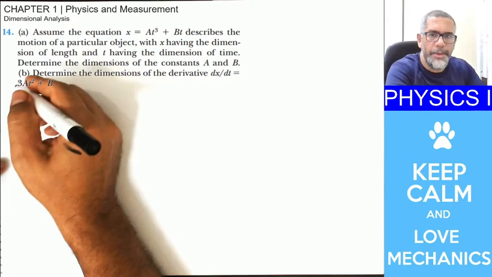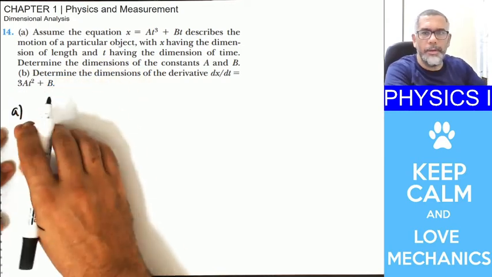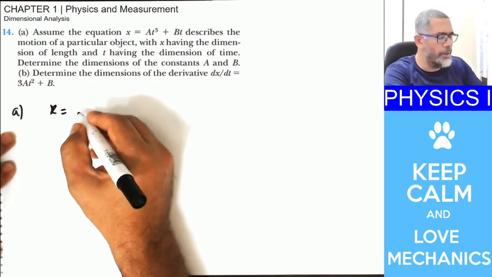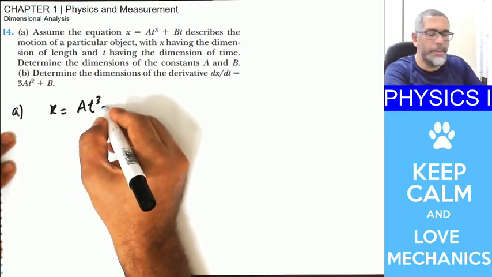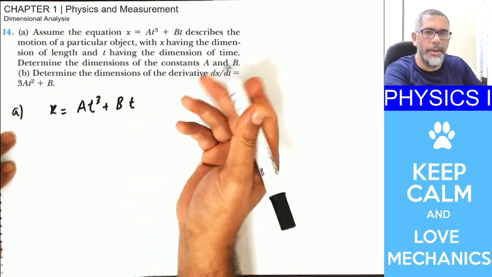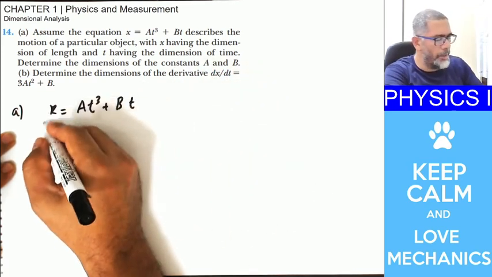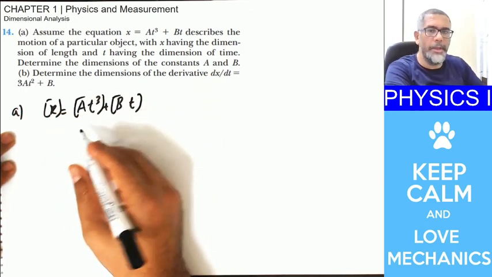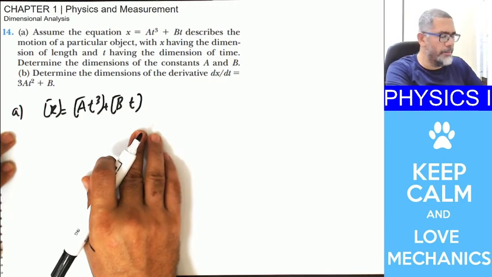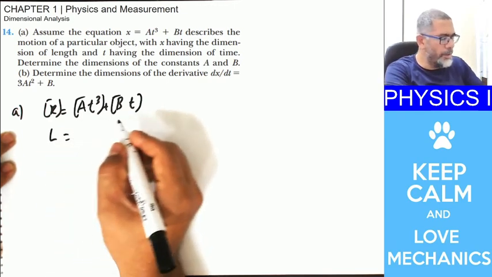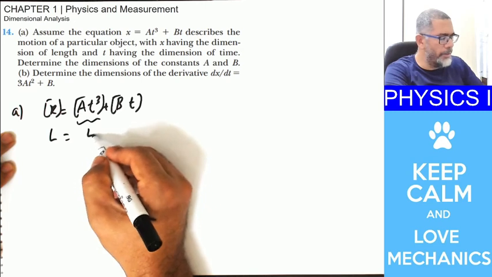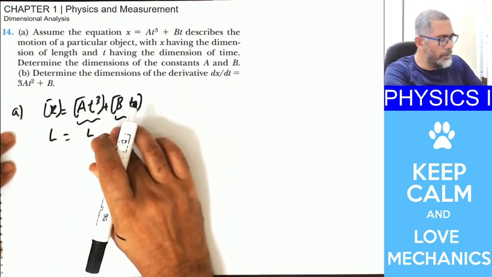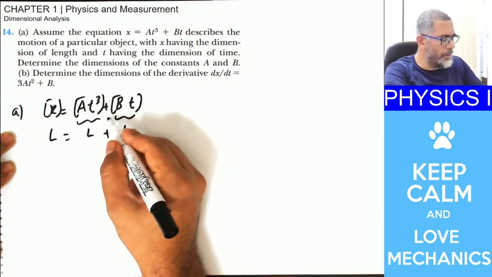So let's do the first part of the question. So we have this equation x is equal to a t cubed plus b times t. Again, a dimensional analysis problem. If you take the square bracket for every term, assuming that this expression is correct, we have L over here, so that means this must have the unit of L and this must have the unit of, again, L, because we have a sum over here.